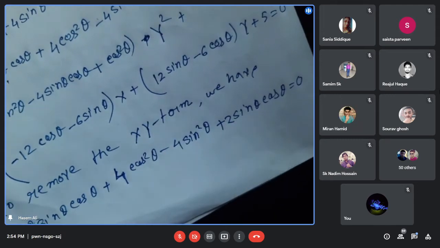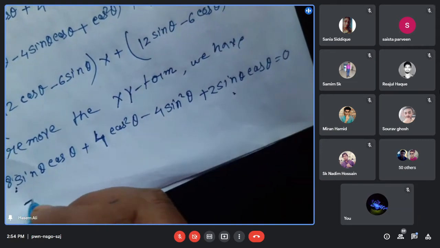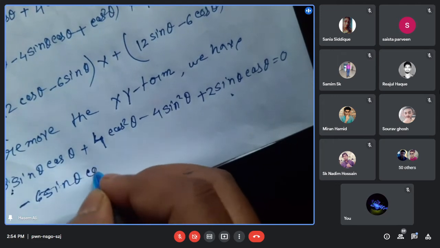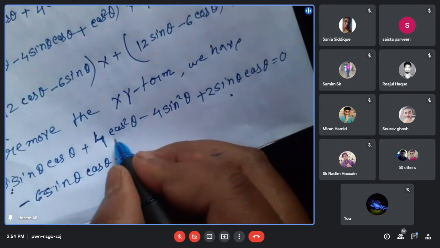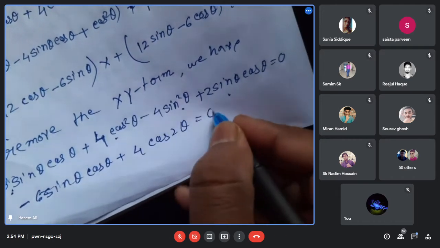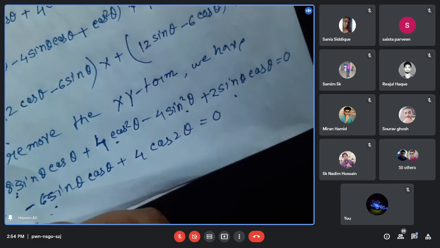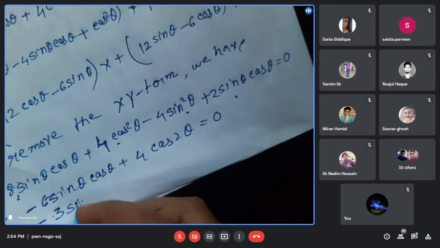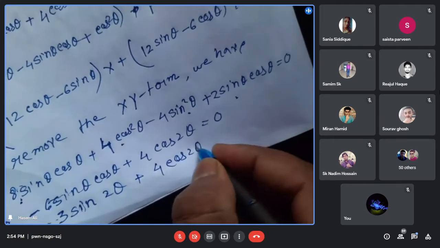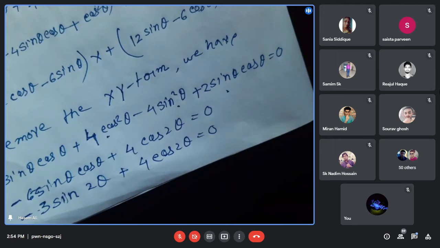It is minus 8 plus 2, that means minus 6 sin theta cos theta, and 4 cos square theta minus 4 sin square theta, that means 4 cos 2 theta, equals to 0. Here minus 6 sin theta cos theta means minus 3 sin 2 theta. Minus 3 sin 2 theta plus 4 cos 2 theta equals to 0.